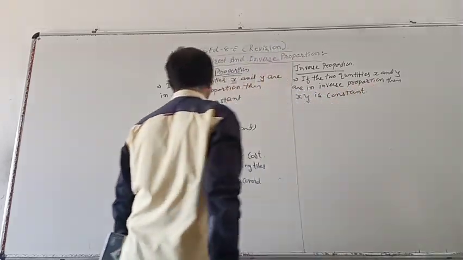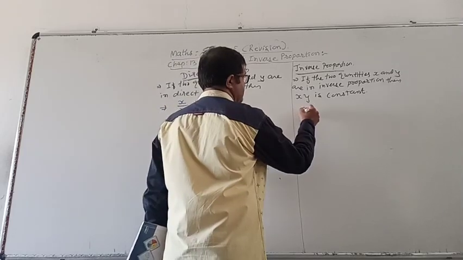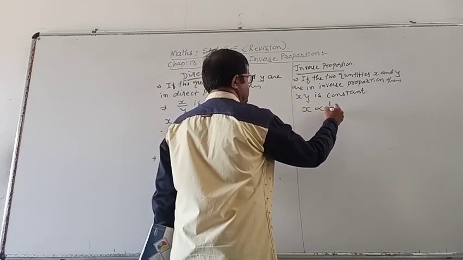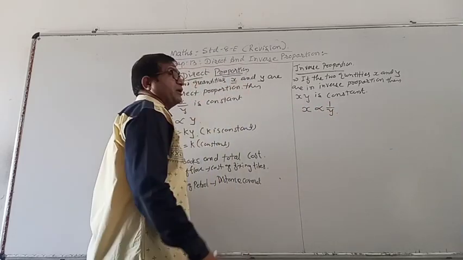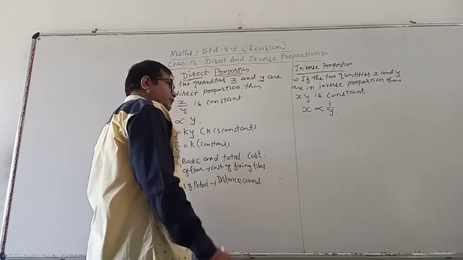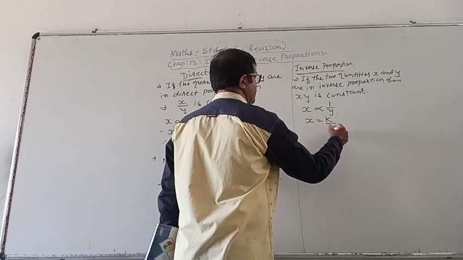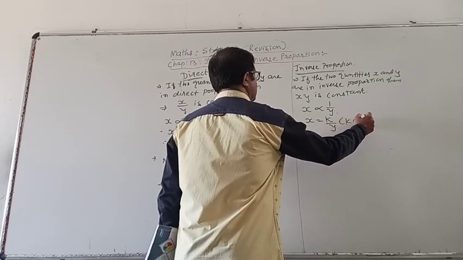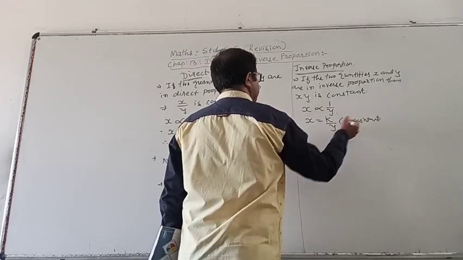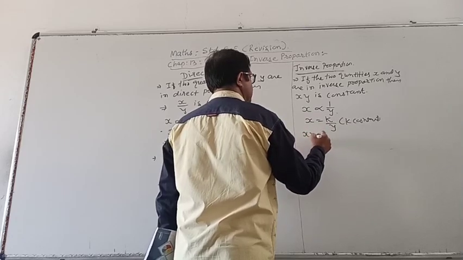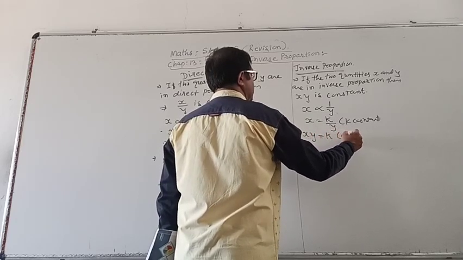Then the product of them is constant. It means we write x is inversely proportional to y, that is, to 1 upon y. So x is equal to k upon y, where k is a constant. It means that xy is equal to k.